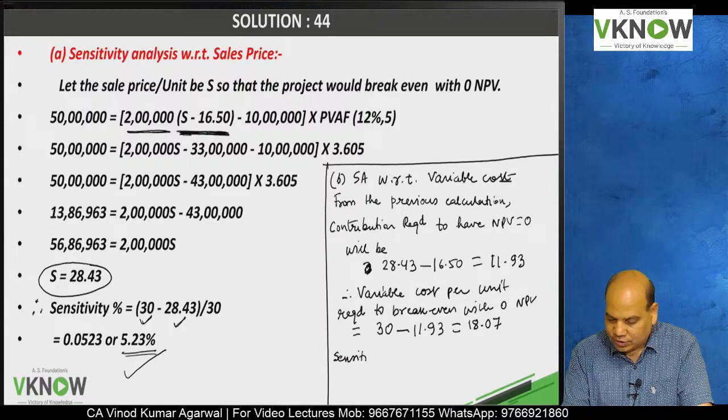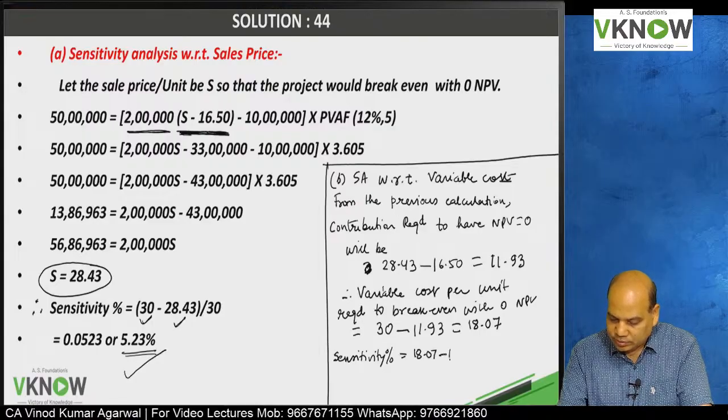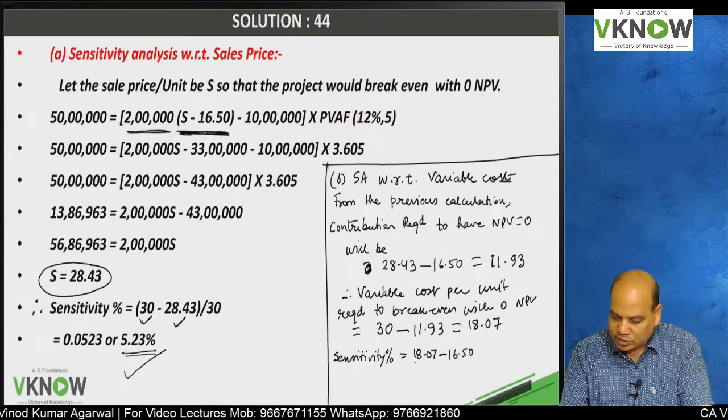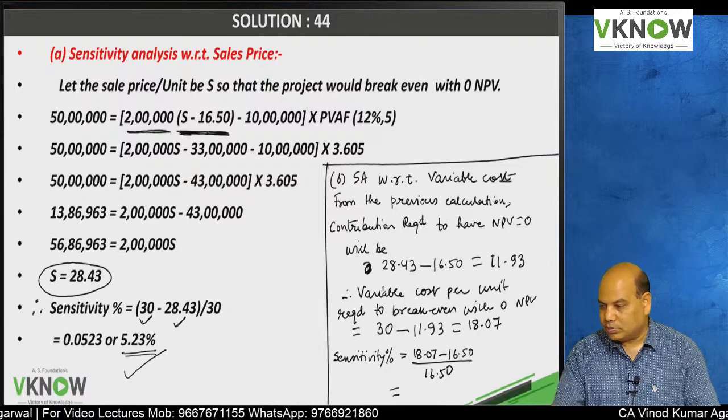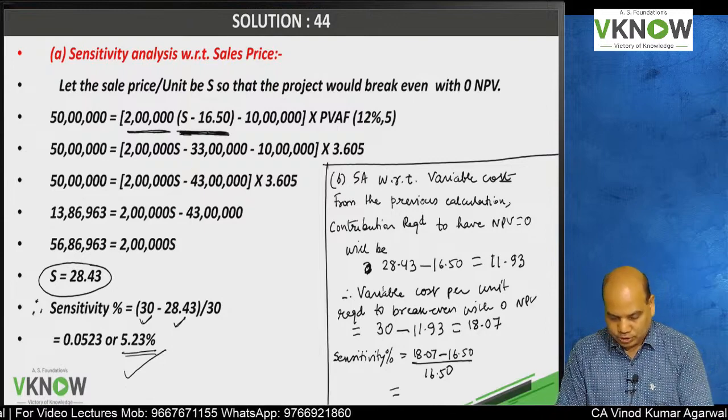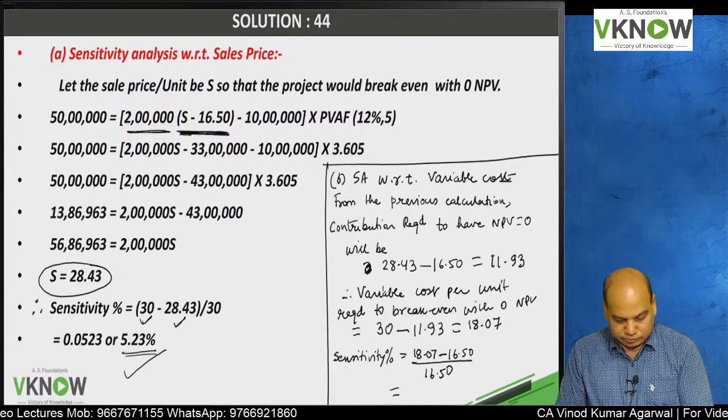And therefore sensitivity percentage will be 18.07 minus original estimate 16.50 divided by 16.50. So good student will reply, other student will watch the show.